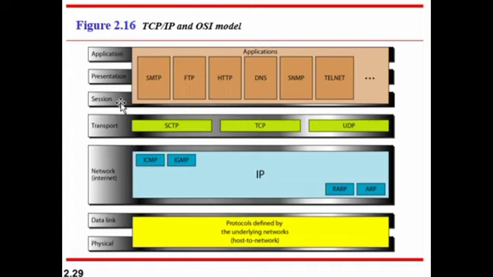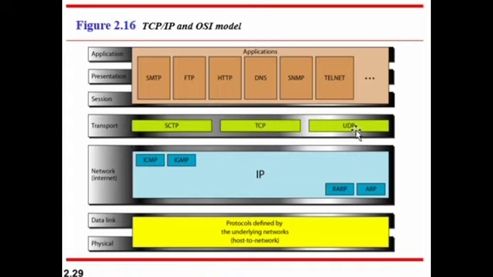The next layer is the transport layer. Here, first we had only TCP, the transmission control protocol, or transfer control protocol. It is acknowledgement based, right? Then we have UDP. What is UDP?